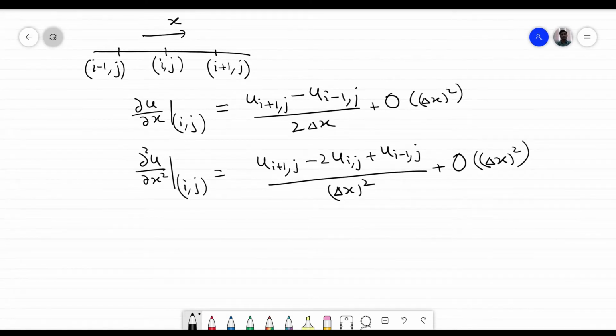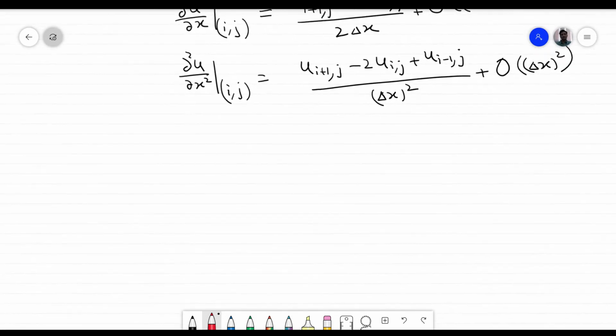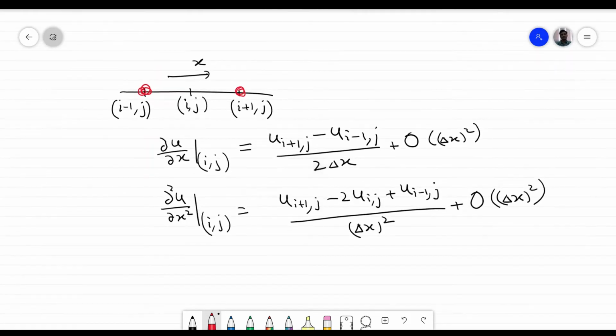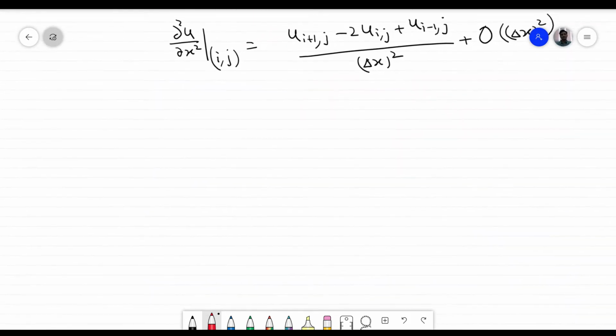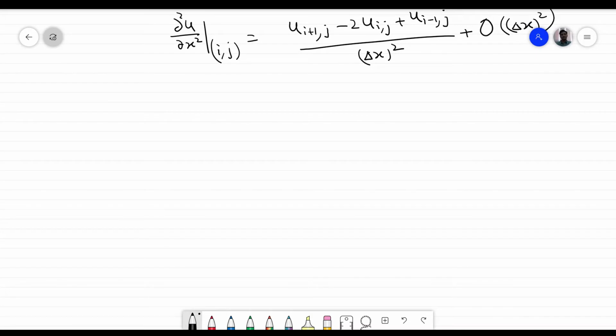So you can see that we are using both of these neighbors of ij. Now the question arises, if you want the same second order accuracy, but let's say you are at a wall here beyond which there is no other point, and you want the derivative at this point.